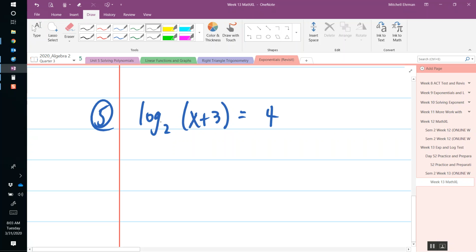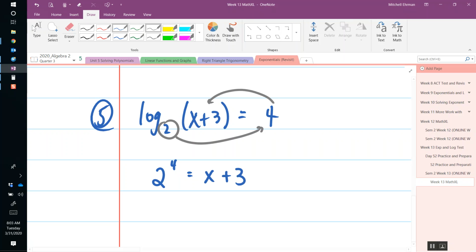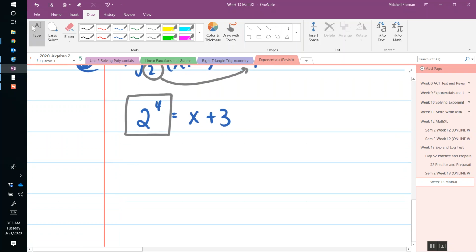And if you remember, as a logarithm, we can follow this loop rule to rewrite it. If we start with the 2, raise it to the exponent across from the equal sign, 2 to the 4th power, that would be equal to x plus 3. Now here again, this expression is just a number. 2 to the 4th power is some number.